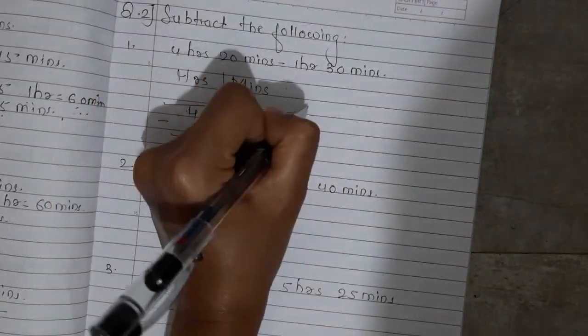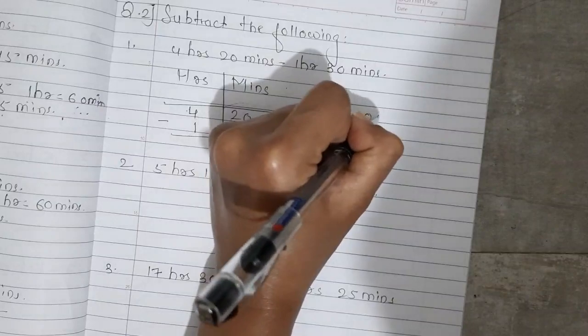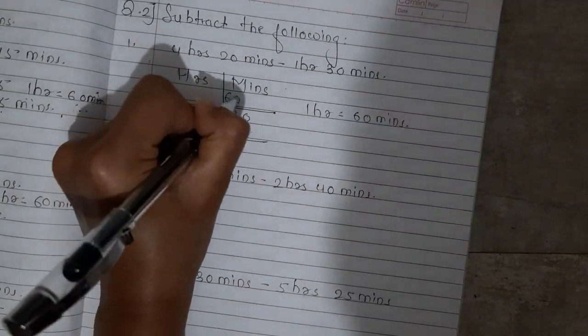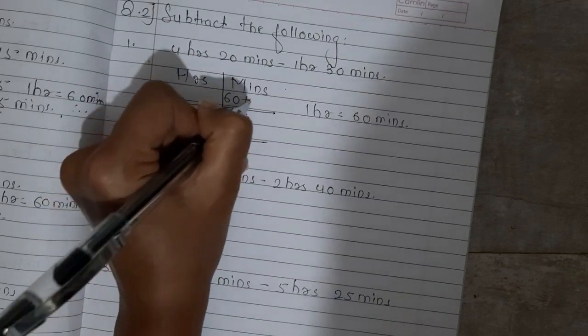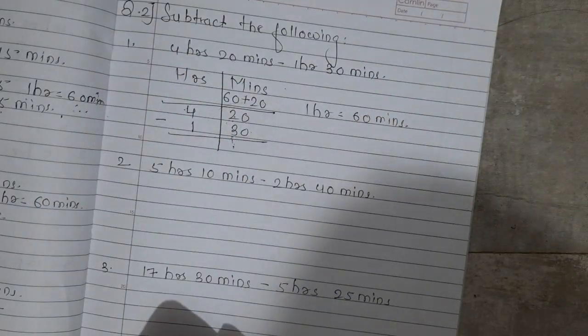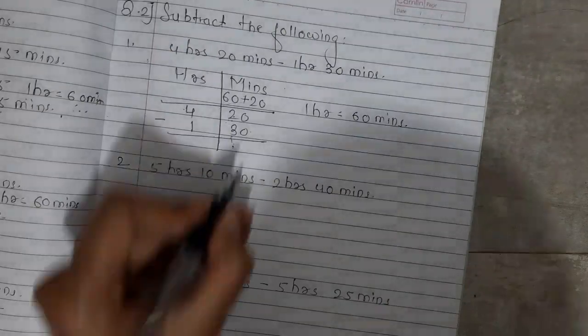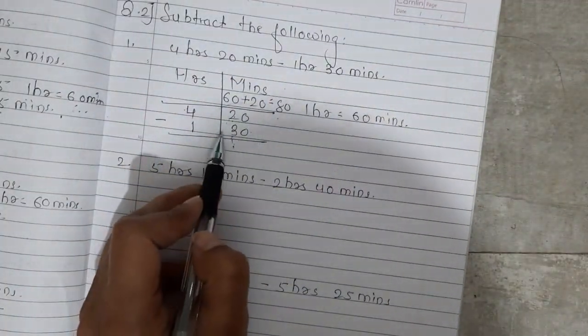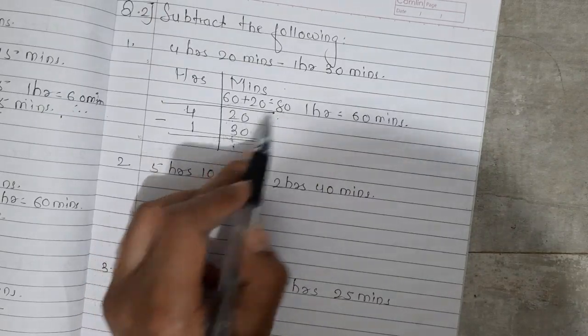So 1 hour is equal to 60 minutes. 60 plus this 20 minutes is 80 minutes. Now you have to subtract this 30 from 80.